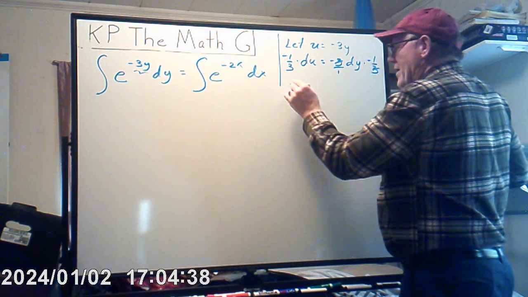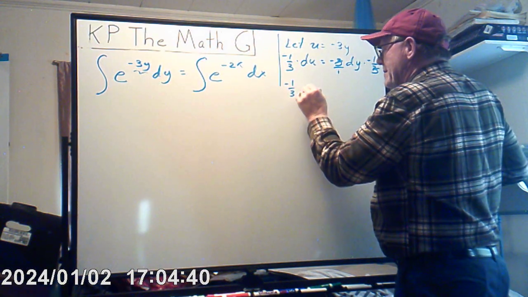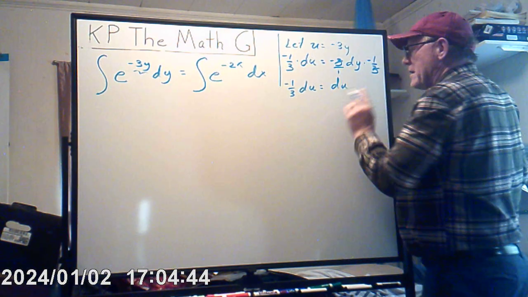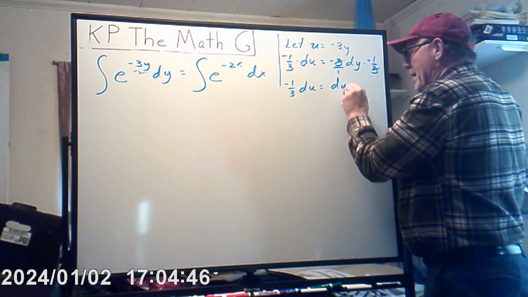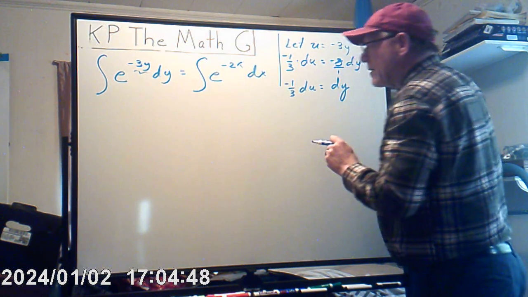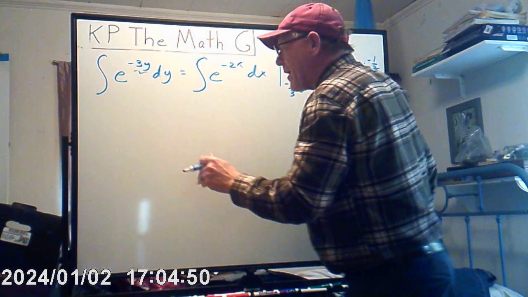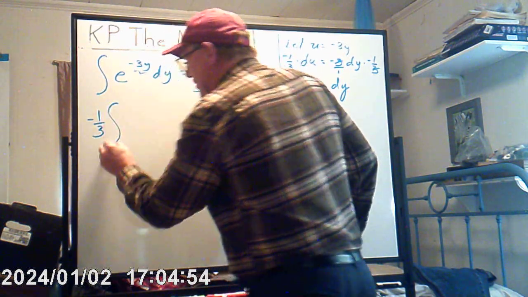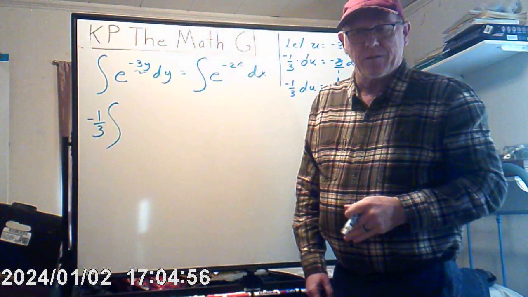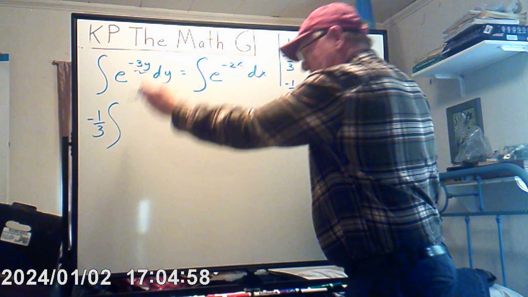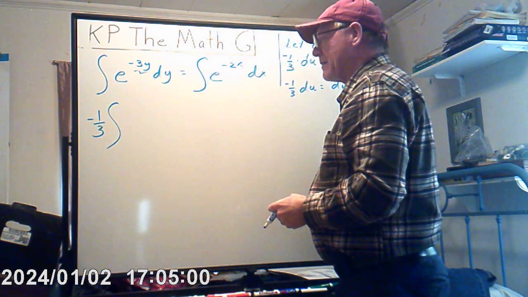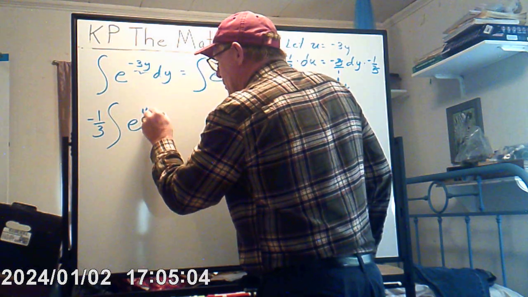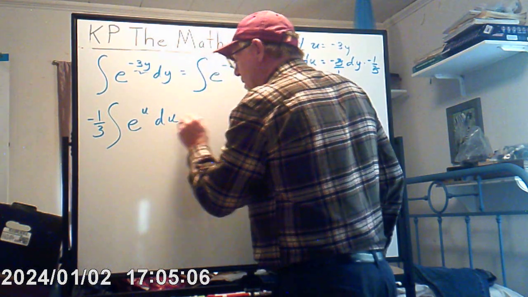And so now I've got negative 1/3 du is equal to dy. So what I have on this left side is negative 1/3, remember, just put that on the outside of the integral symbol. Now this is e to the u du.